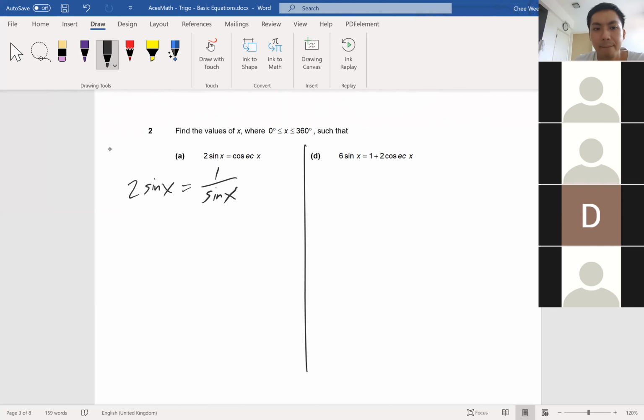Is it I multiply the sine x on the other side? Yes, so you will have 2 sine square x is equal to 1. And then sine square x equals to 1 over 2. And then sine x equals to plus minus square root 2, I mean half.